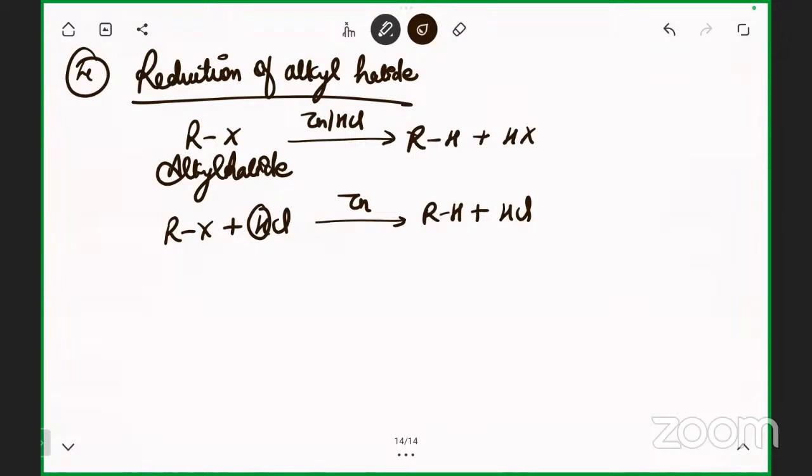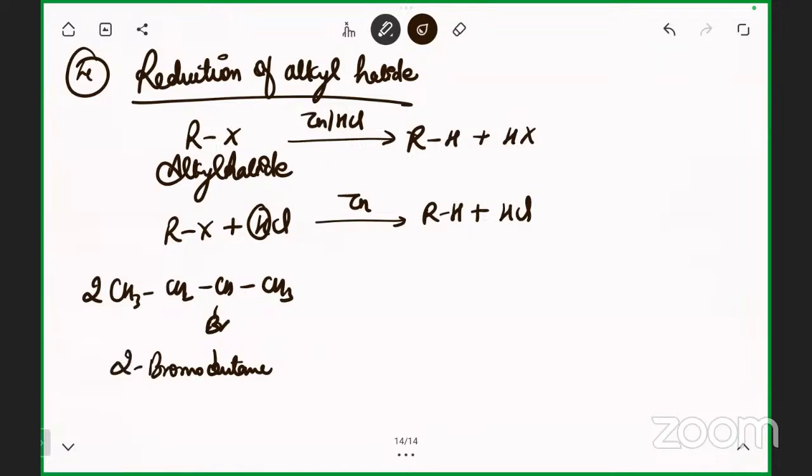For example, I'm giving the example CH3CH2CH(Br)CH3. I'm taking two molecules of this compound. This is called bromobutane, but since Br is on the second position, we consider it 2-bromobutane. Now this 2-bromobutane reacts with two molecules of HCl in the presence of zinc.